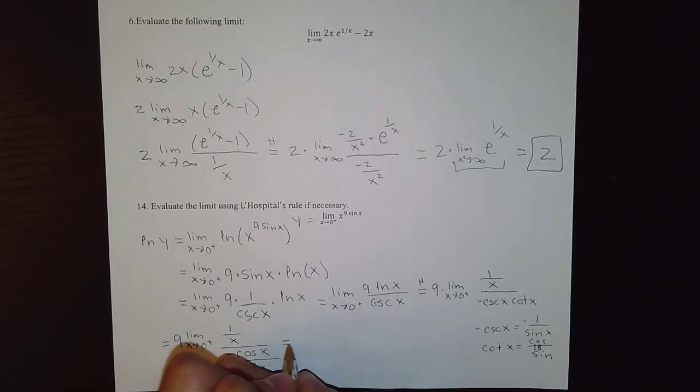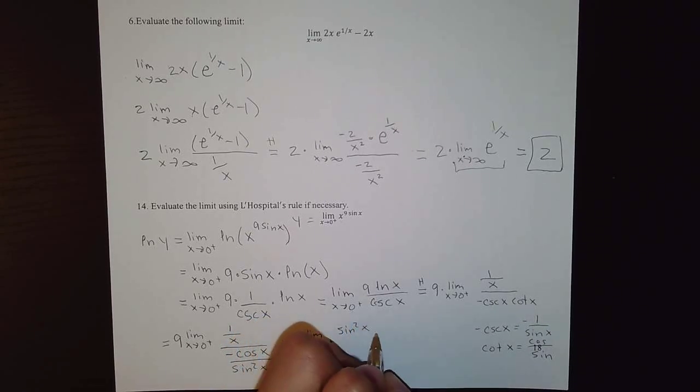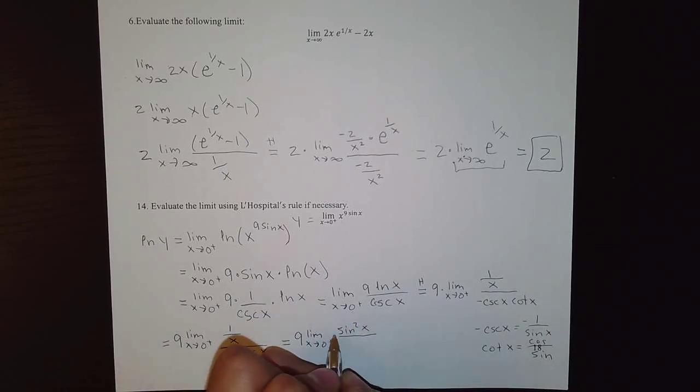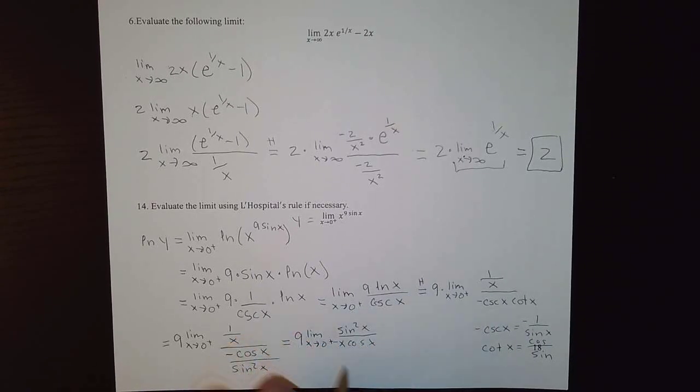But we could rewrite this one more time. So this is like saying 9 times the limit as x approaches 0 from the right of sine squared x divided by negative x cosine of x.